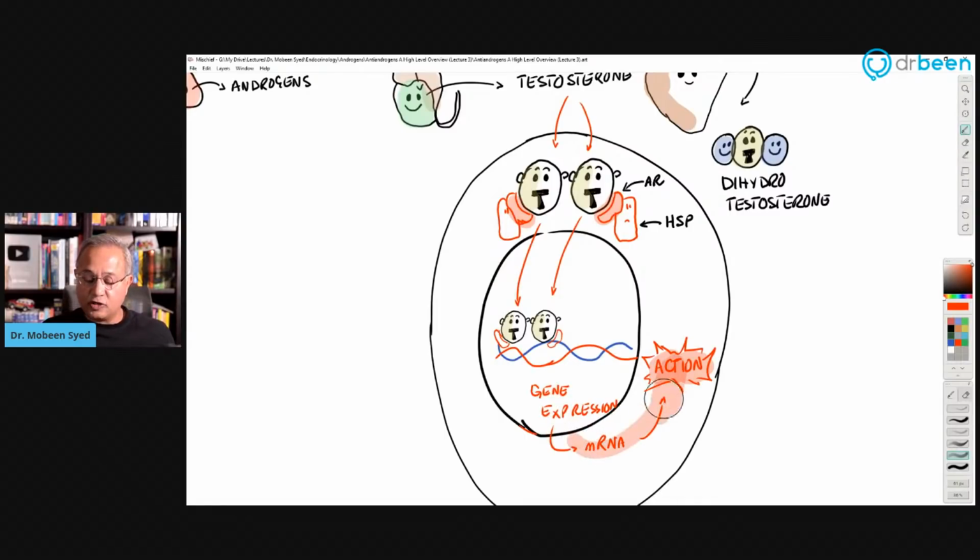That messenger RNA would come out in the cytoplasm, go to the ribosome, proteins will be produced, and action will occur. This is the normal physiological mechanism. We have done these in detail in lecture 1. Now we're going to put drugs on top of this mechanism to see what kind of drug blocks what part of this series of actions.